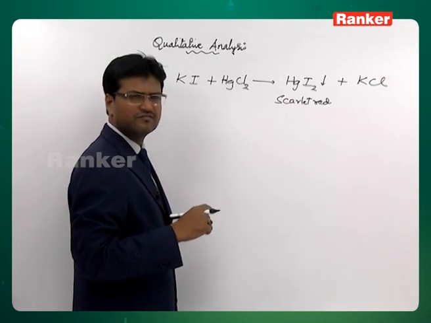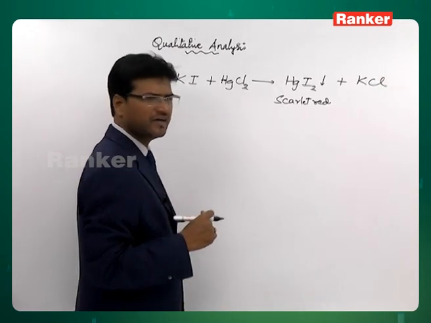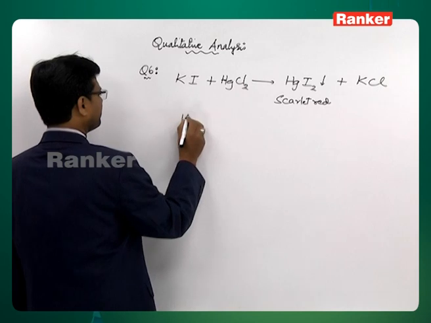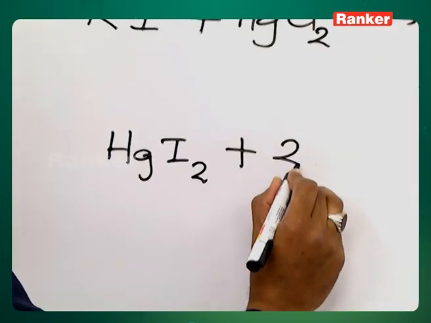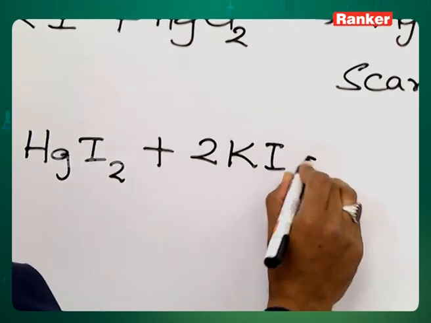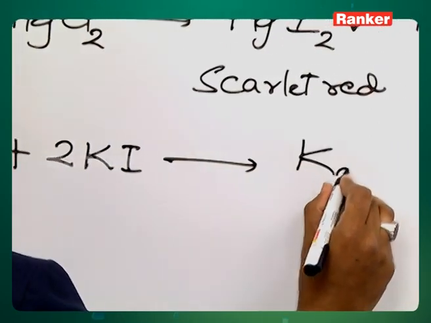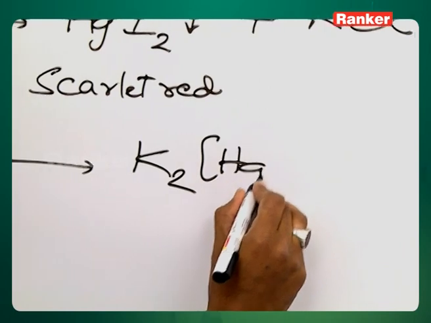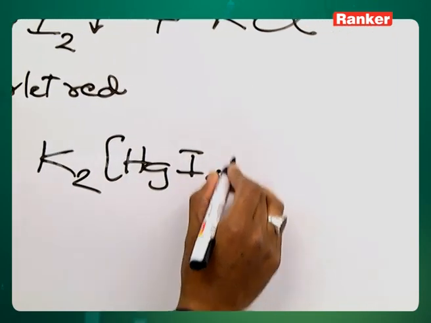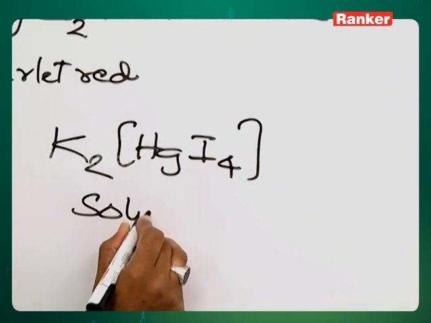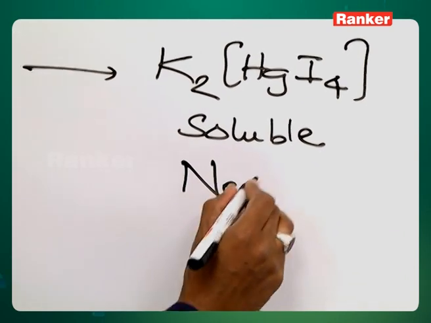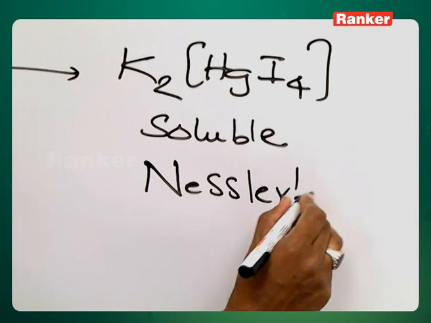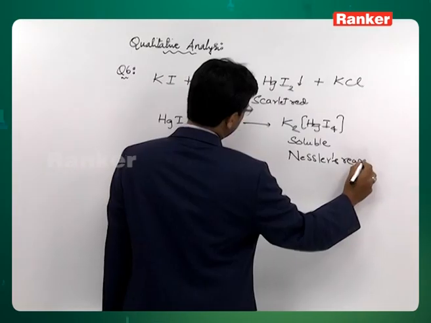Mercuric has pseudo-octet configuration, its polarizing power is very high. Then HgI2 will react with KI and you get a soluble complex K2HgI4. This is soluble. And this is called Nessler's reagent.